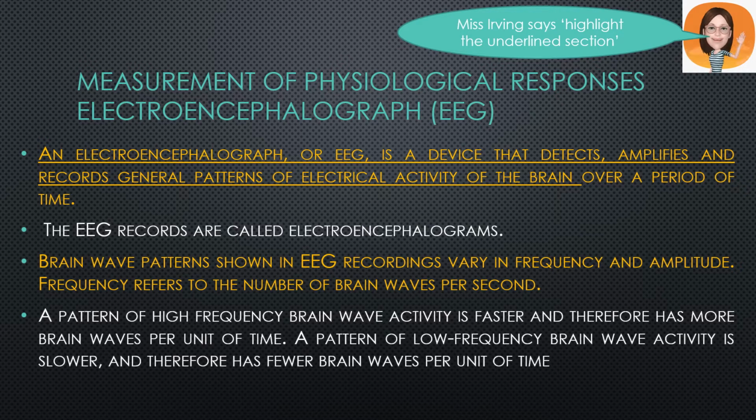So brainwave patterns shown in EEG recordings vary in frequency and amplitude. Frequency refers to the number of brainwaves per second. A pattern of high frequency brainwave activity is faster and therefore has more brainwaves per unit of time. A pattern of low frequency brain activity is slower and therefore has fewer brainwaves per unit of time.